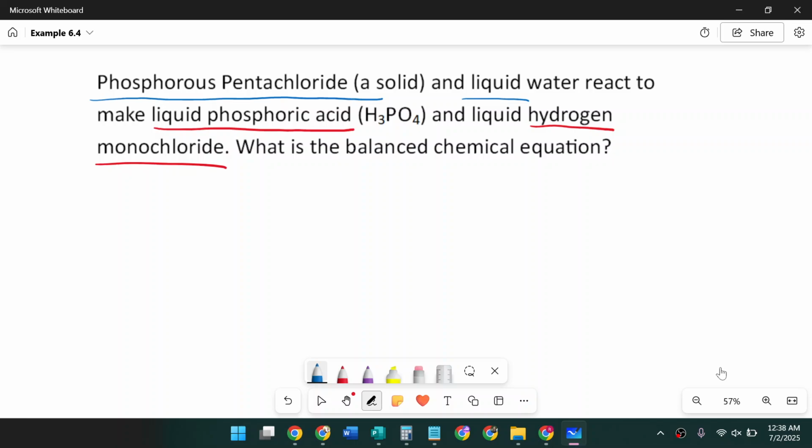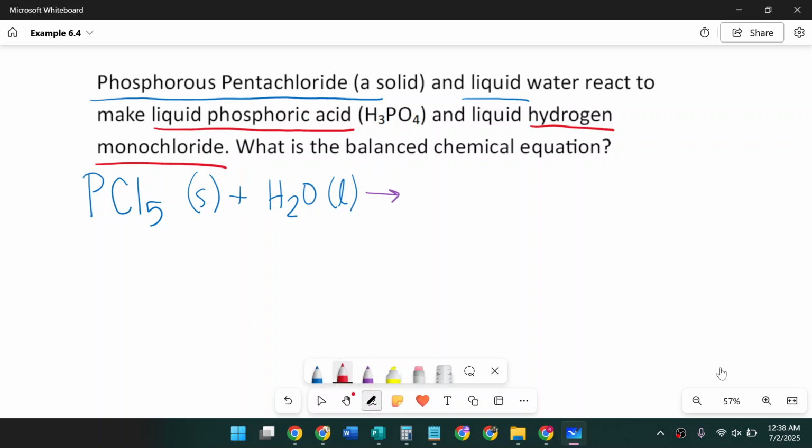So phosphorus pentachloride, we can use the rules of naming to figure out what that one is. So P is phosphorus, and pentachloride means that there are 5 of the chlorine, and they tell us that's a solid, so let's include that. And then we know what water is, and they tell us it's in its liquid state.